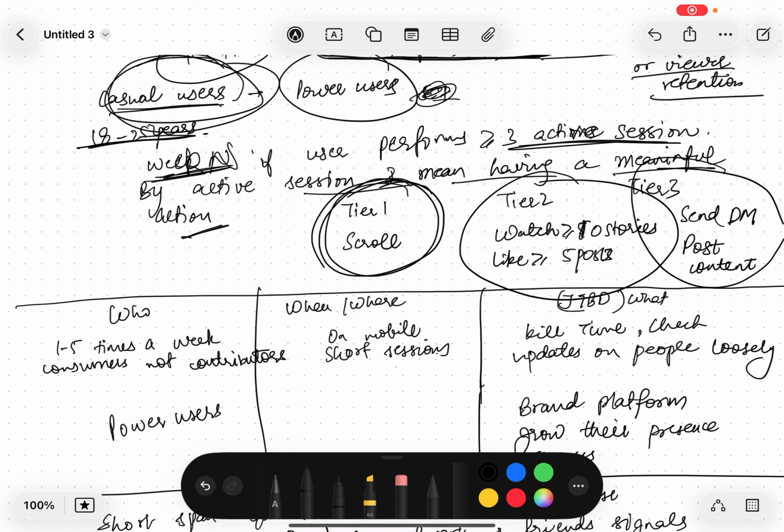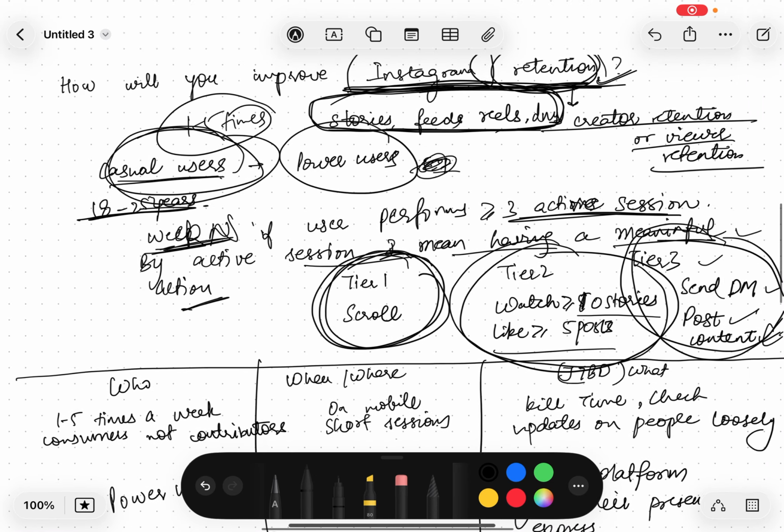Tier 1 is just scrolling, which I'm not defining as a meaningful action. Tier 2 is that they are watching, let's say, greater than 10 stories, or they're liking more than 5 posts. So that is a meaningful action. But we want them to contribute. So tier 3 meaningful actions can be sending DMs, posting content, things like that.